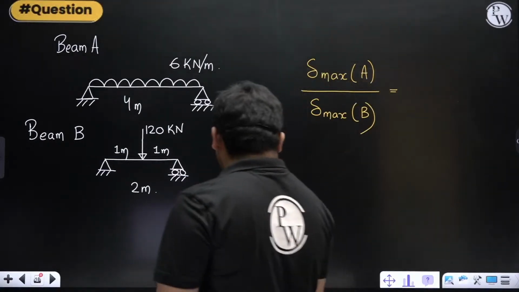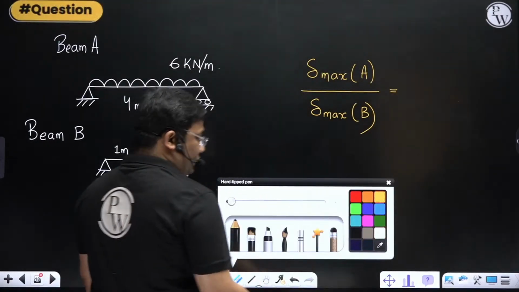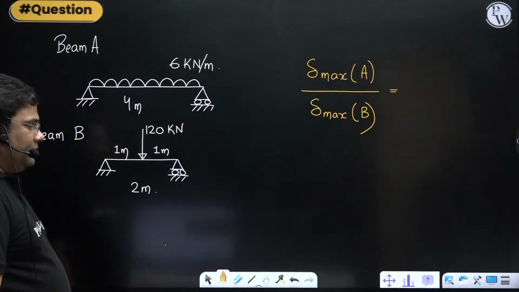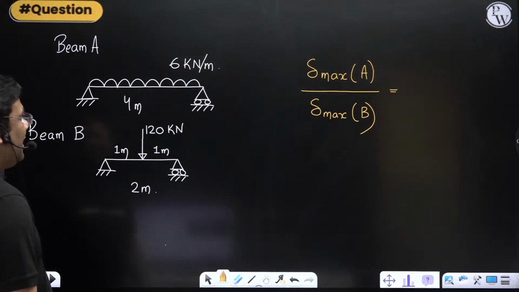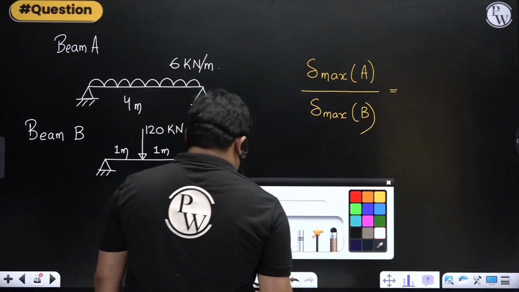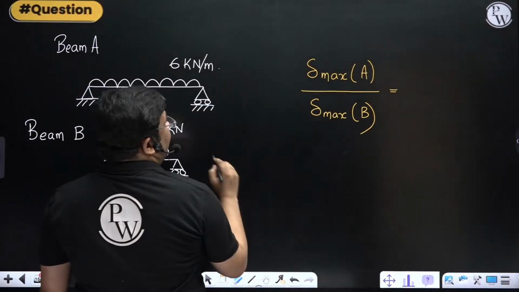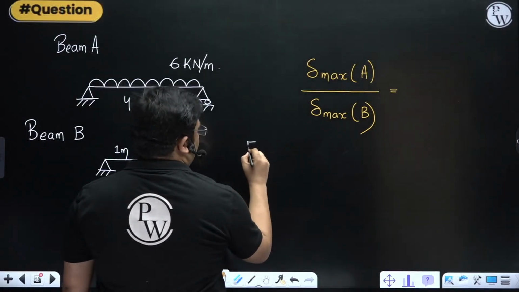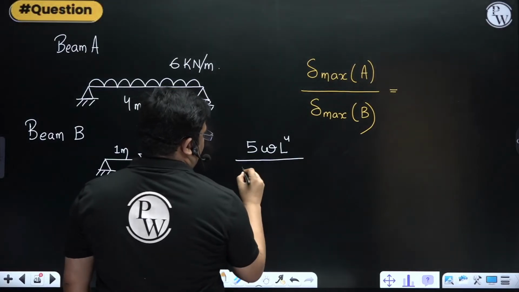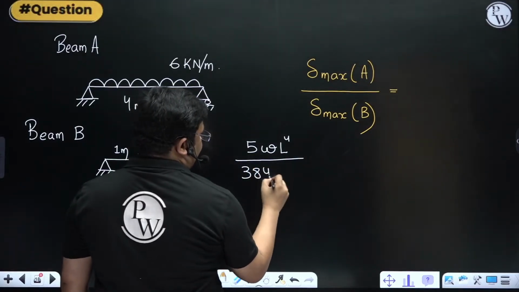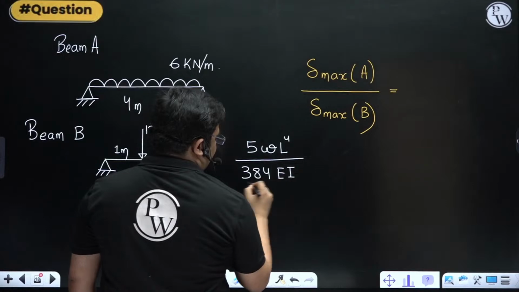Easy actually. Very easy. One. Yes. So now you see how it is 1. If I take this for A, it is 5 WL to the power 4 divided by 384 EI, right?